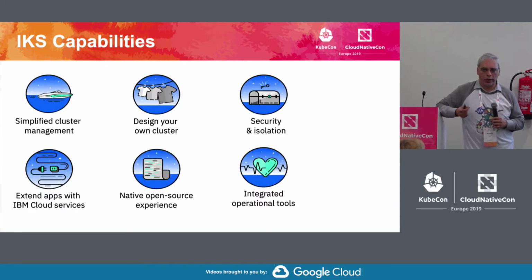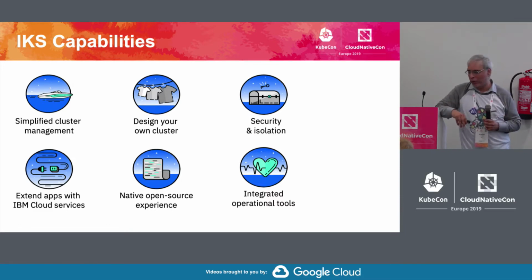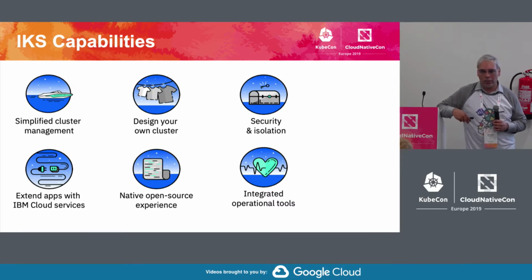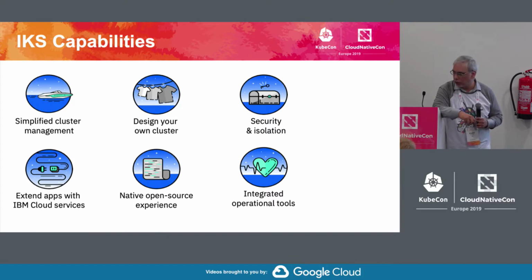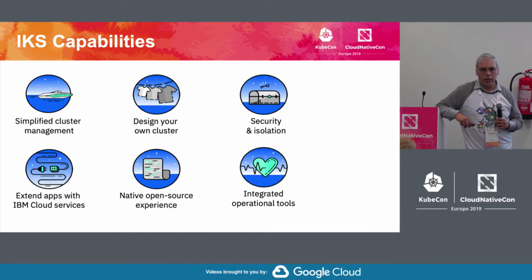In terms of the capabilities that we provide, we emphasize the simplicity aspect of it, right? Because we are taking over the process of installing and upgrading and updating your Kubernetes, and you don't have to worry about that. You just click a button when you decide to upgrade, and the system will go off and do that. So simplified cluster management is a key aspect of it.